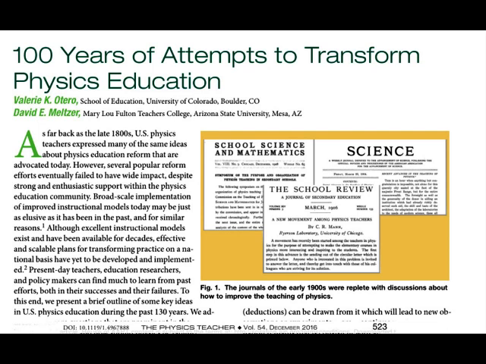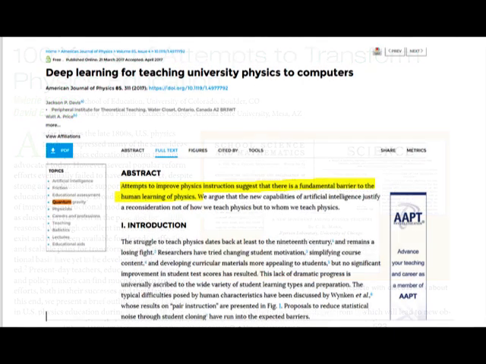A retrospective article published in The Physics Teacher in 2016, titled 100 Years of Attempts to Transform Physics Education, doesn't mention computers or computation. The previous editor of the American Journal of Physics summed it up in a satirical article written in 2017, quoting, "Attempts to improve physics instruction suggest that there is a fundamental barrier to the human learning of physics."